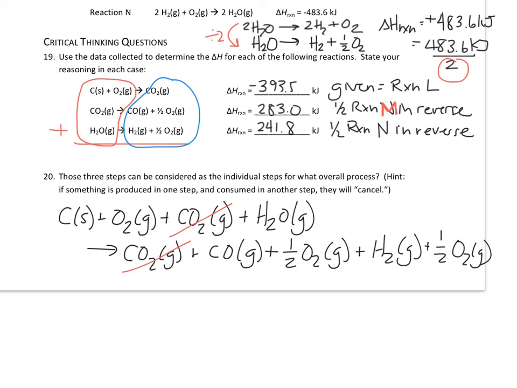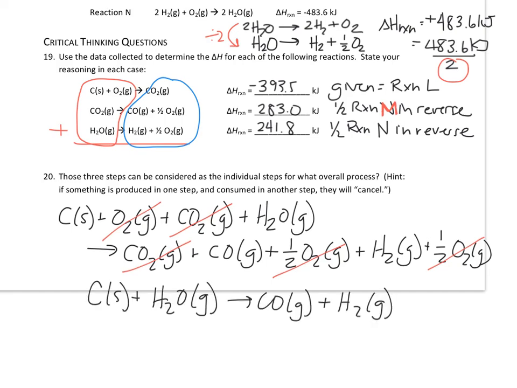If we combine these 2 moles of O2 into 1, we can see we used 1 up in the reactant, so the O2s also are going to drop out. So what would be the overall process? Here we are, carbon plus water going to carbon monoxide and H2. If we did these 3 reactions, 1 a day for 3 days, this would be the overall process that would have been accomplished.